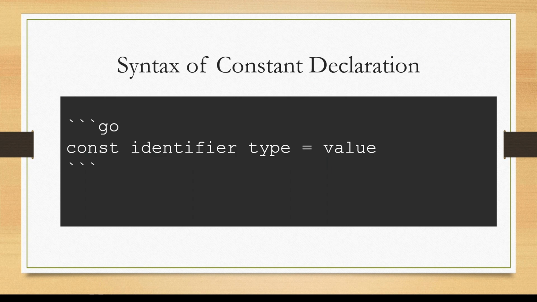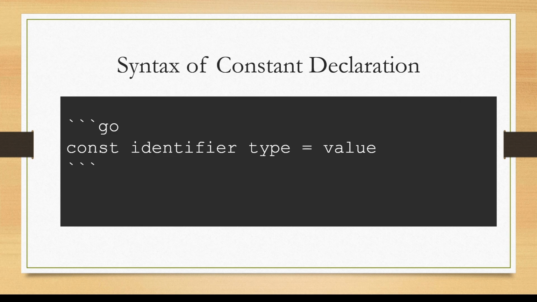Next is the identifier. That just means the name you want to give your constant, like GST rate, PI, or maybe max users. Then comes the type, like int, float64, or string. It tells Go what kind of data this is. So if your constant is a whole number, you might write int, or for a decimal value like 3.14 you would go with float64.